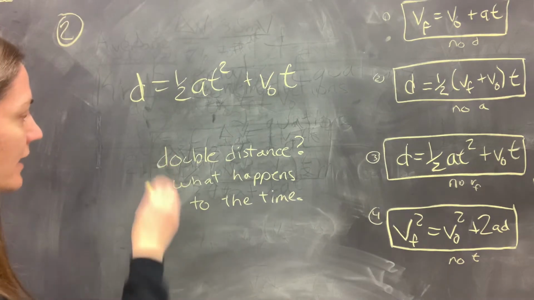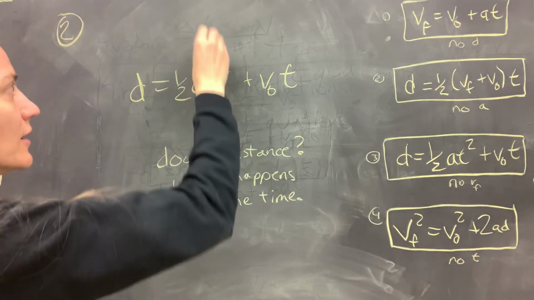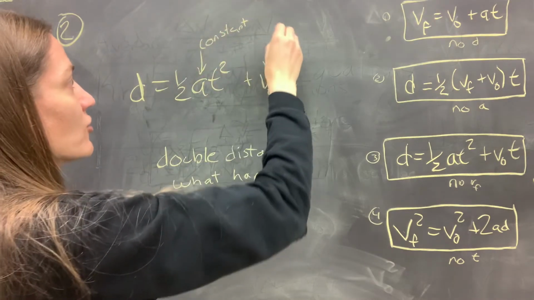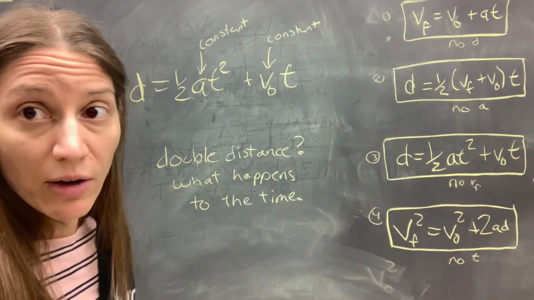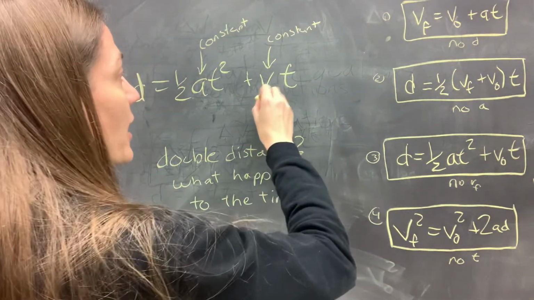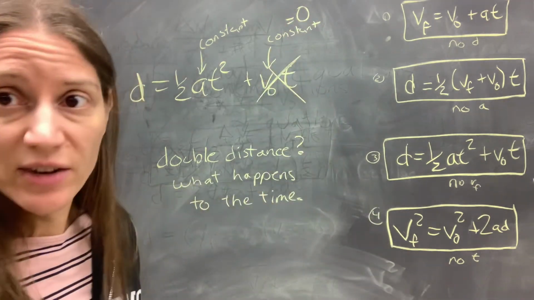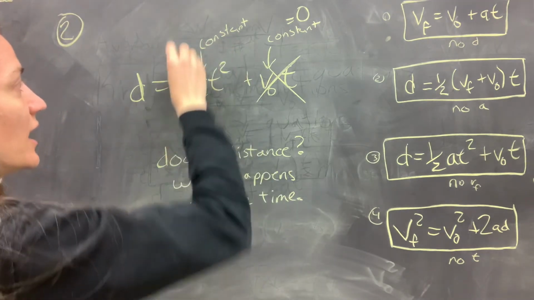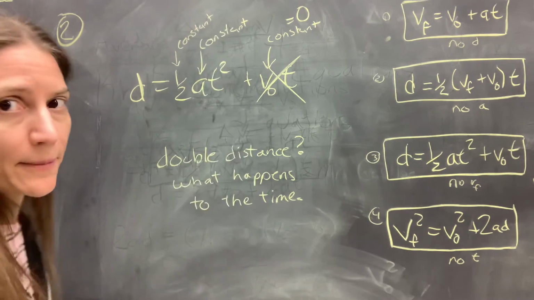So if the acceleration is constant and the initial velocity is constant, or if it was 0 and it doesn't even matter, that's always great. If it's 0, we can just pretend that doesn't even exist, right? If the acceleration is constant and this half is definitely a constant, then I can pretend those numbers are 1.